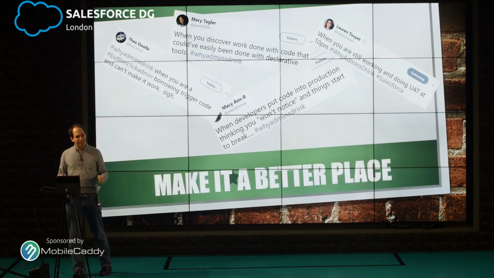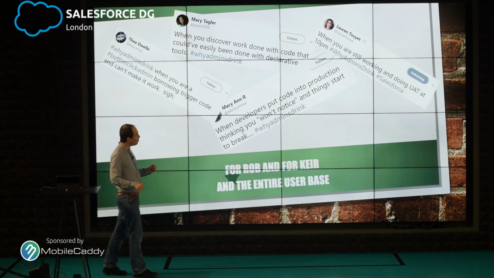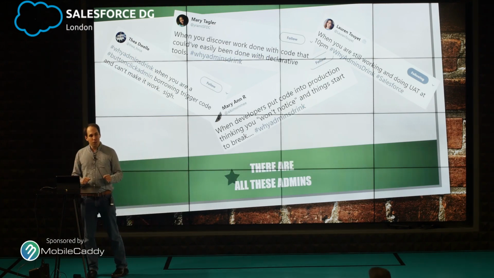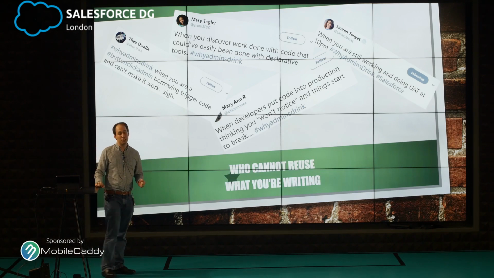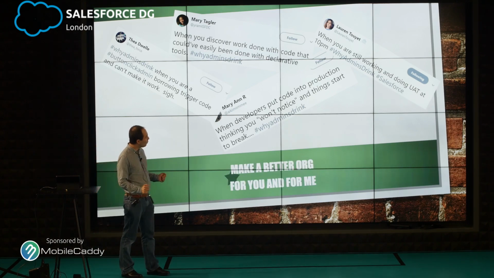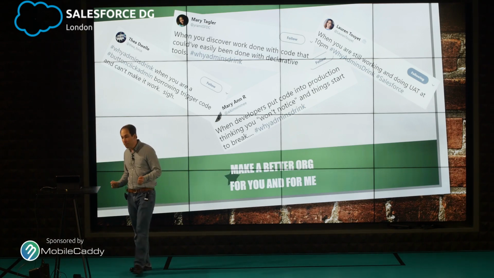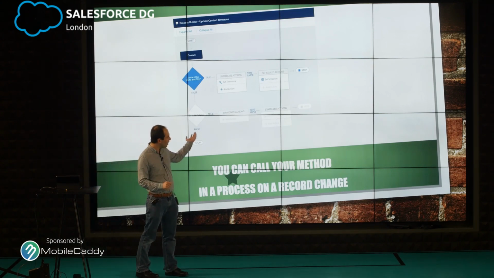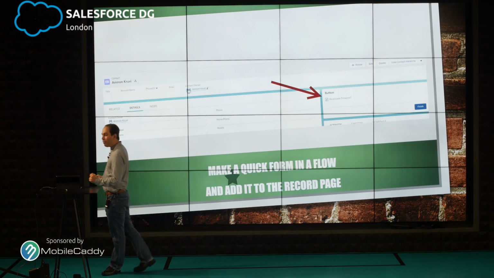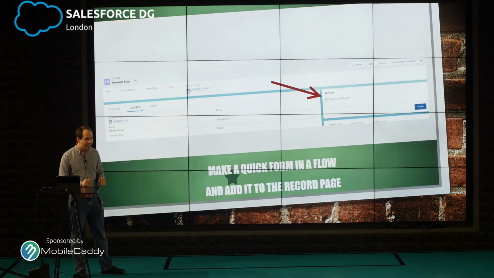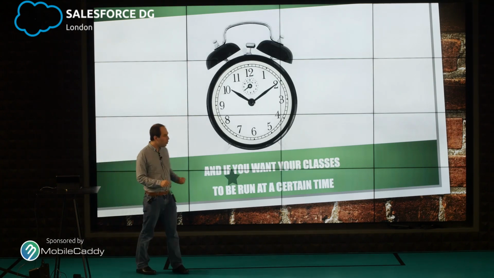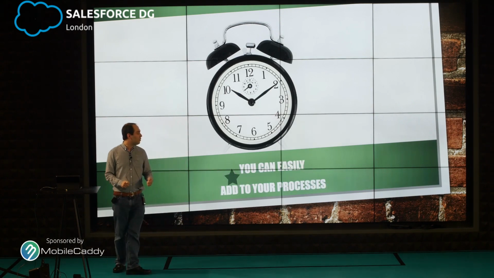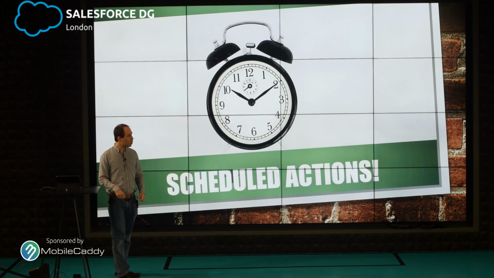Heal the org, make it a better place for Rob and for Kieran, the entire user base. You can call your method in a process on a record change. Make a quick form in a flow and add it to the record page. And if you want your classes to be run at a certain time, you can easily add to your processes scheduled actions.